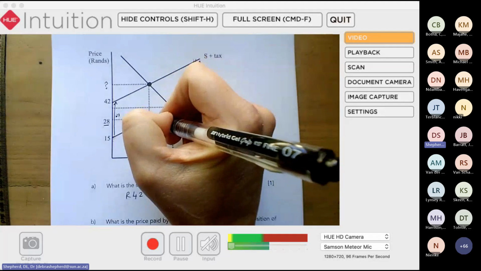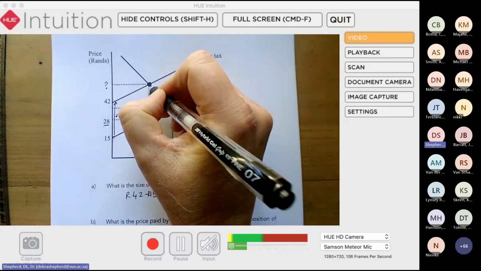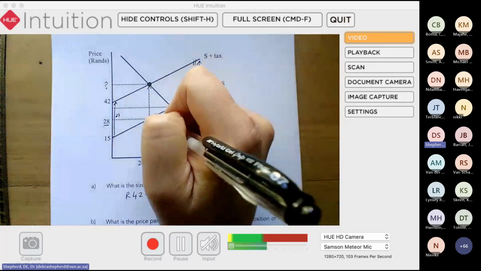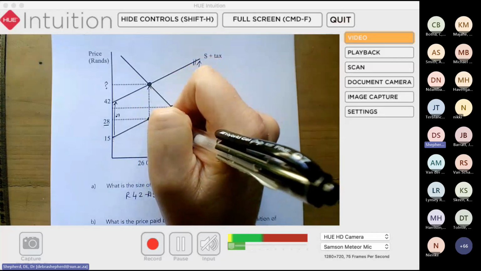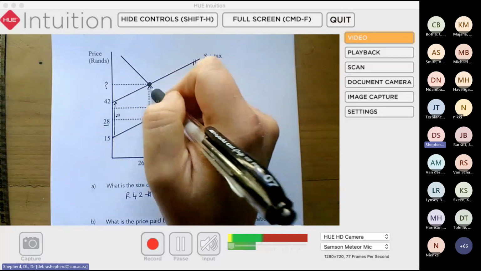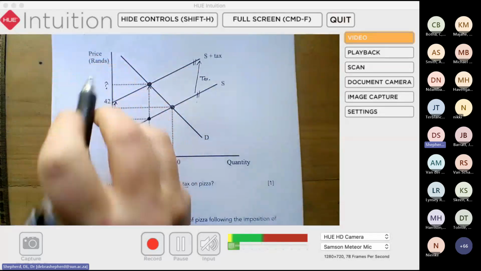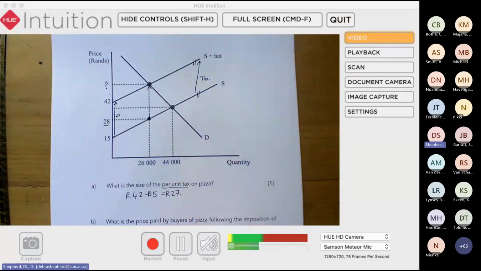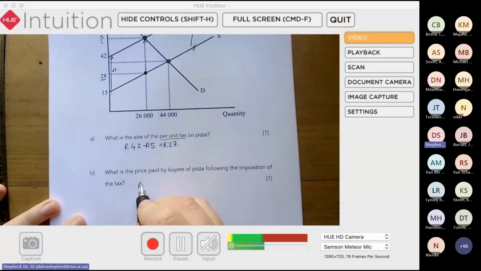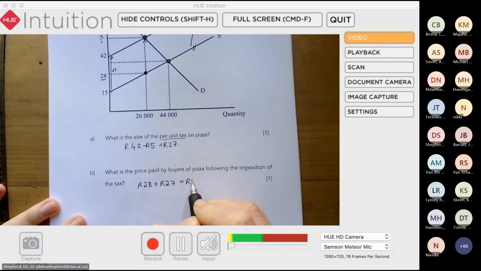In other words, if we moved vertically up from this point to that point there, that difference should also be 27. And so this number over here would be the 28 plus the 27, which is 55. So buyers pay 55 Rand.